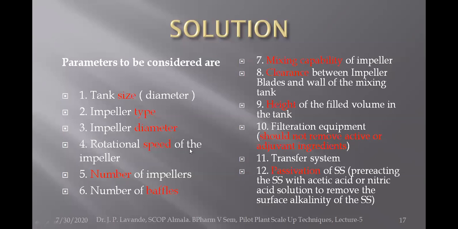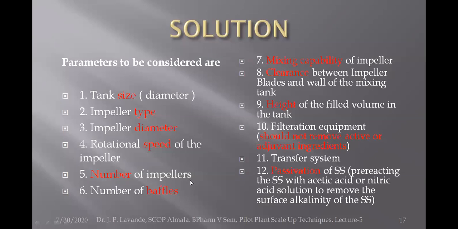The rotational speed of the impeller: the speed should be ideal, because if it keeps altering, if it is too high, it may lead to entrapment of air, which will lead to bubble formation. If it is too low, it may lead to improper mixing. So the rotational speed is also important.